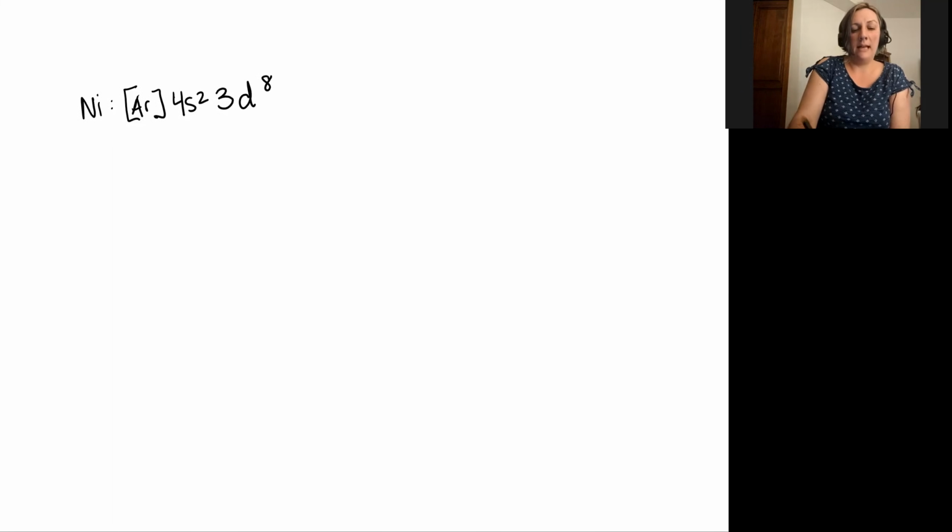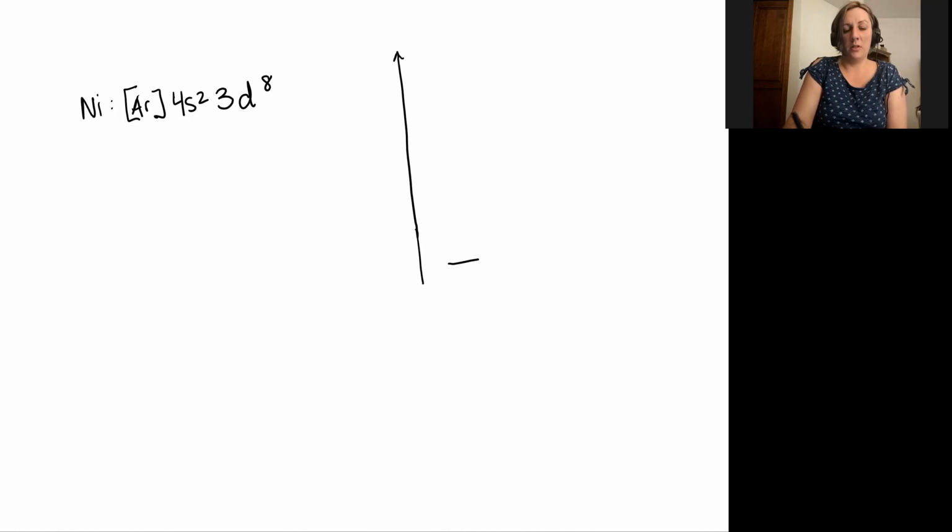Now looking at its orbital diagram, we could build this up from 1s, right? We could also start at 4s if we wanted. For this one, we'll start at the bottom. So we have 1s orbitals, then 2s, then 2p, then our 3s orbitals, then our 3p orbitals.